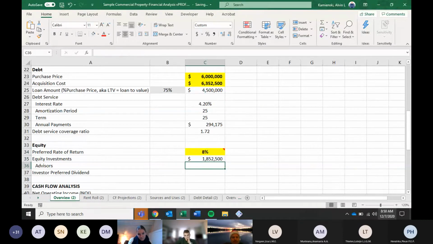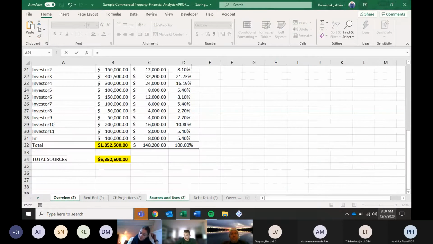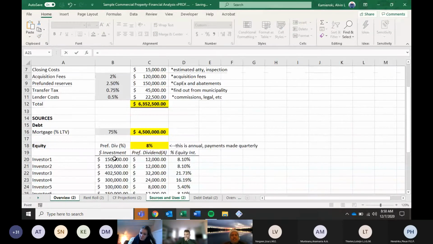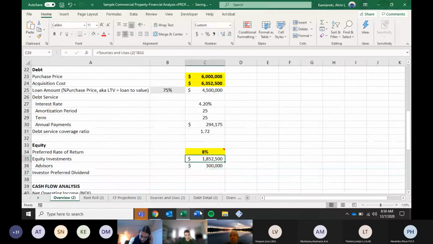Of which Maurice might very easily say, well, how much are the advisors bringing along? So if we wanted to, we'll say, all right, well, Kaminsky has told us that this is him and this is his partner. They're investors 1 and 2 in this deal right now. So Maurice, we're raising $1.85 million, of which I and my investor are going to kick in $300,000.